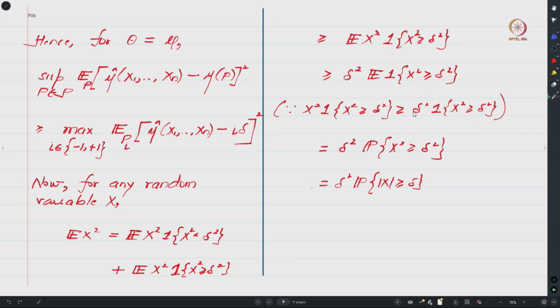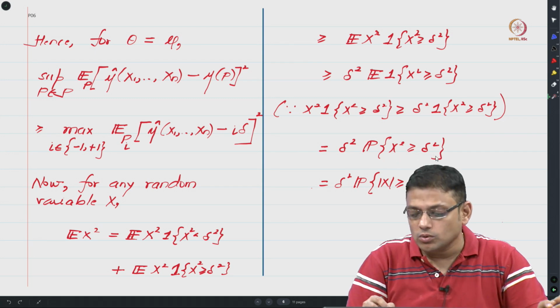However, since delta square is a constant, I can pull it outside that expectation and I will be left with delta square times the expected value of this indicator. Since the expectation of an indicator is just the probability of that event, one can conclude that the expected value of X square is lower bounded by delta square times the probability of X square greater than or equal to delta square.